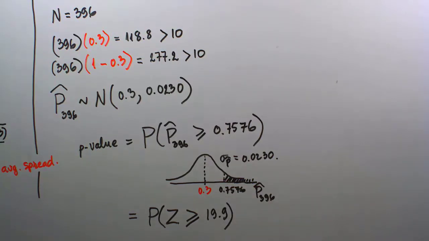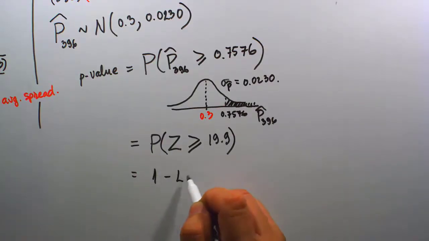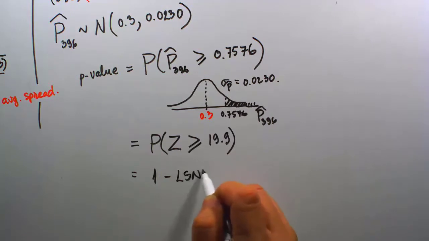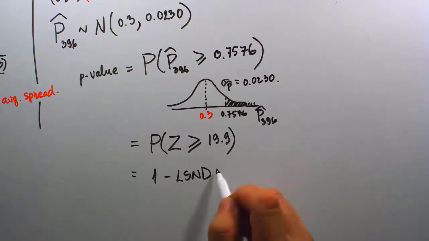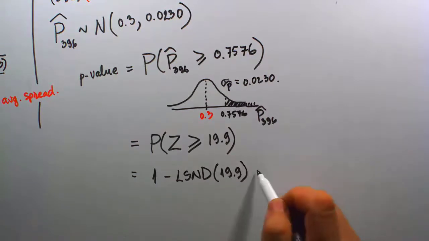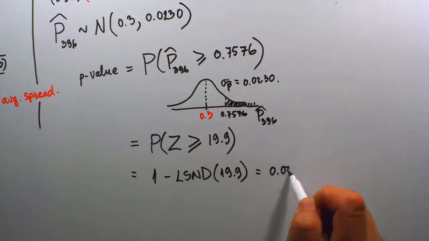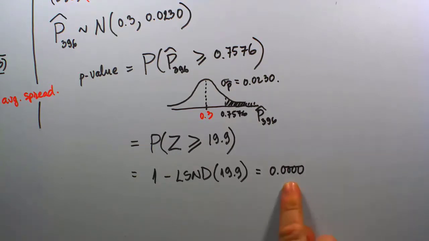And the work came out for the calculation as 1 minus the answer coming out from the LS&D program with z-score 19.9. So our p-value was calculated to be some value so small that it's nearly zero, even in 4 decimal places, it's all just 0.